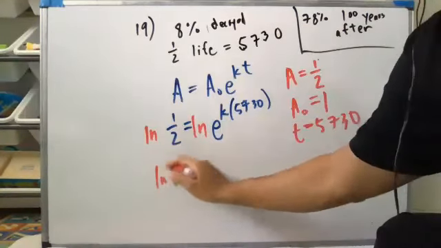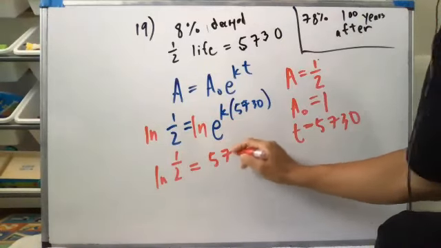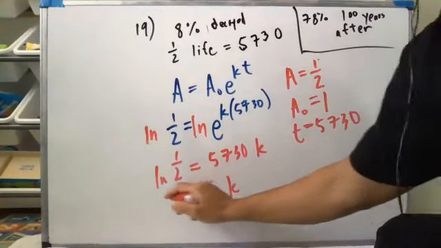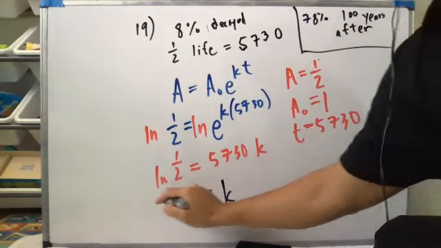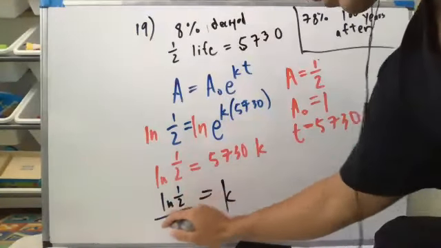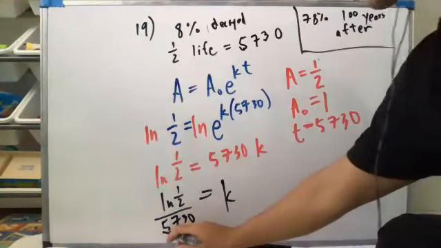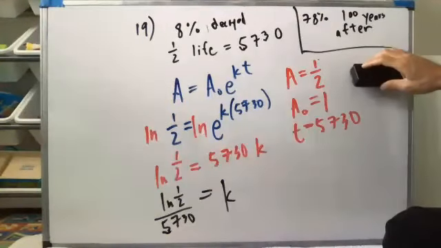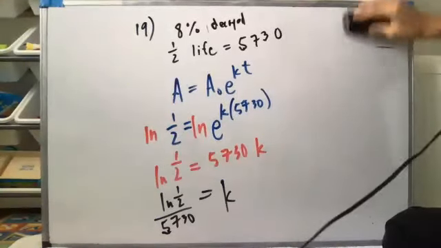I have ln of 1/2 equals 5,730k, since the ln undoes the e.